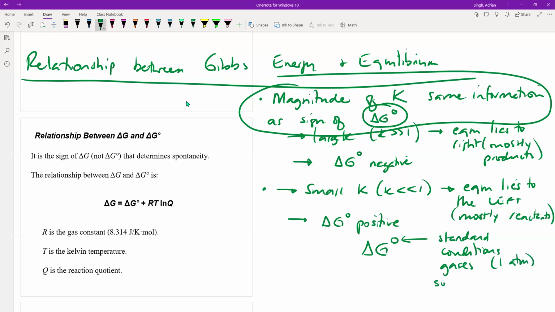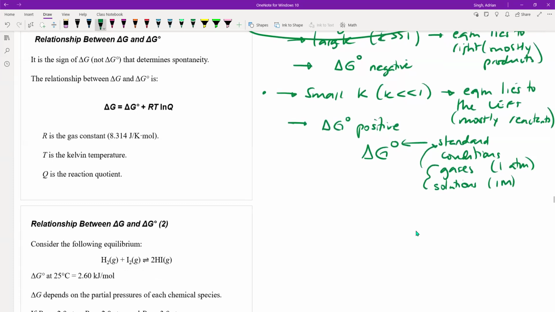And for aqueous solutions, the concentrations are all assumed to be 1 molar. Now, how often are we actually using gases at 1 atmosphere of pressure? And how often are we always using solutions at 1 molar concentration? Well, the answer is very infrequently do we encounter those situations.